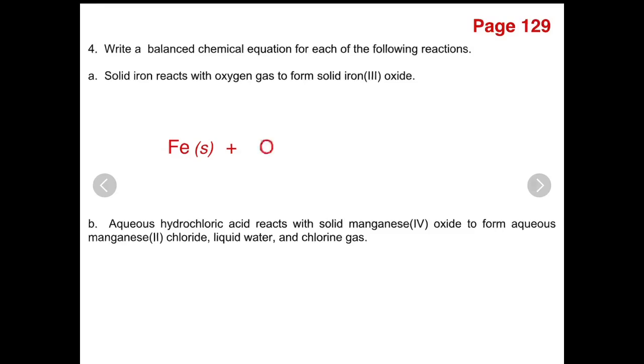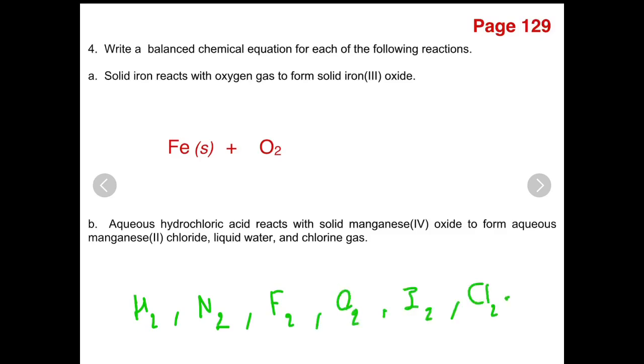And with oxygen gas, so it's O. But remember there is the list of the diatomic molecules that are present in nature as 2 atoms in 1 molecule, and oxygen is one of them. If you recall, there is the mnemonic "Have no fear of ice cold beer."